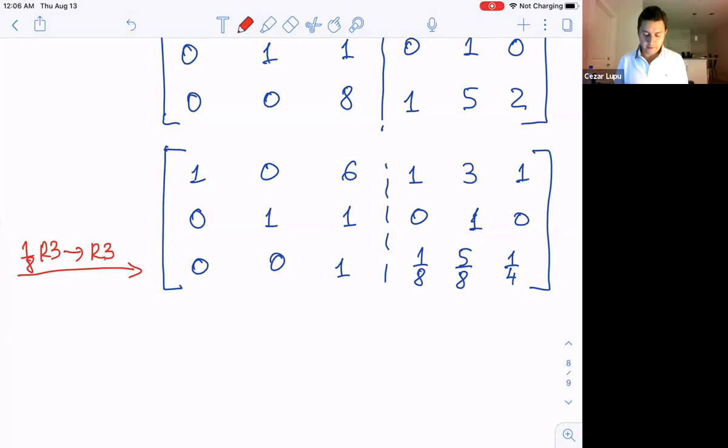Let's multiply the last row by -6 and add it to the first row.